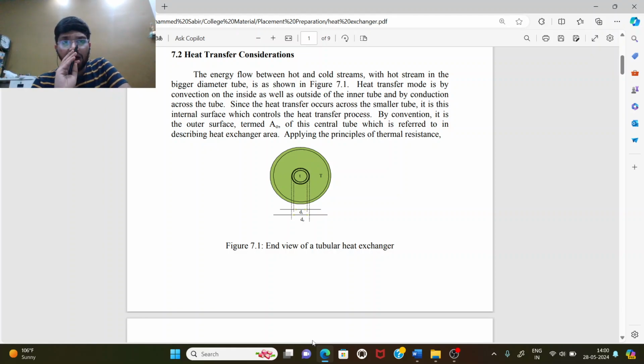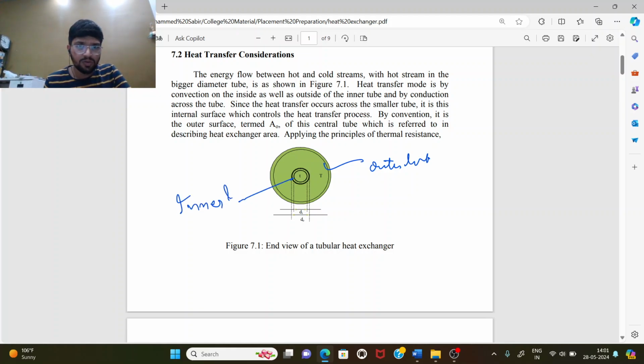Now, what is the basic construction of a heat exchanger? Basically we have two tubes: one is the inner tube, another is the outer tube. Like you can see on the screen, this is the outer tube, and this is the inner tube.